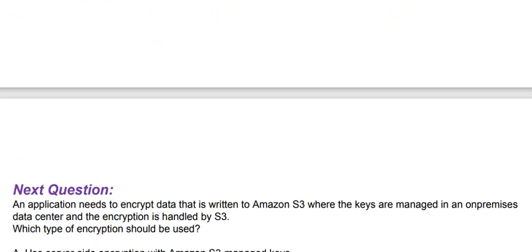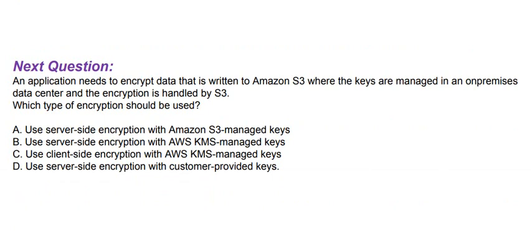Next question is: an application needs to encrypt data that is written to Amazon S3 where the keys are managed in an on-premises data center and the encryption is handled by S3. Which type of encryption should be used? Option A. Use server-side encryption with Amazon S3 managed keys.